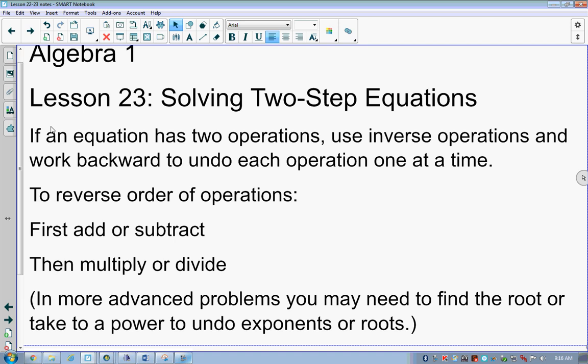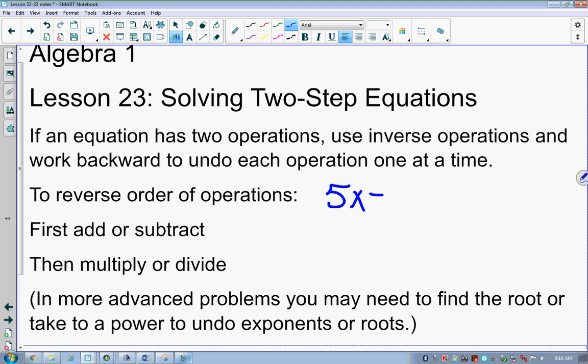So if we're trying to solve two-step equations, let's say I have something like 5x minus 3 equals 4, okay? I'm going to use inverse operations to simplify this, meaning instead of trying to undo multiplication first, I'm going to undo subtraction first by adding 3 to both sides.